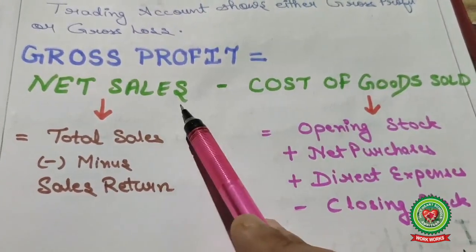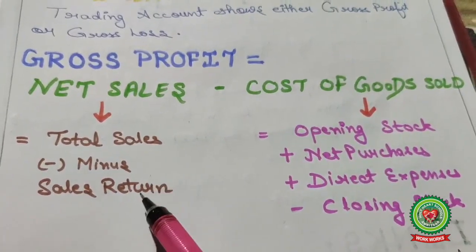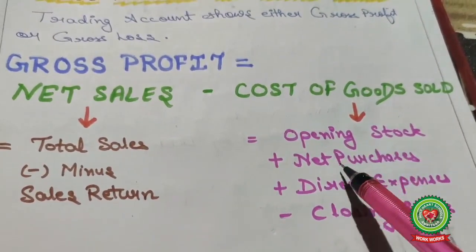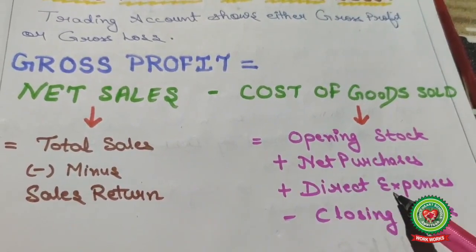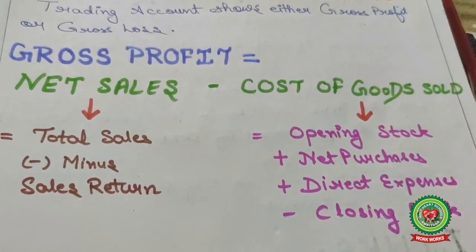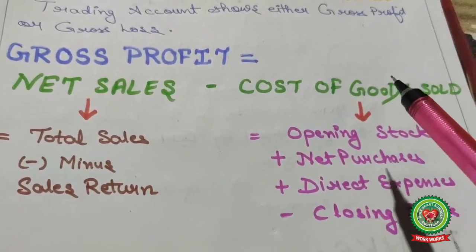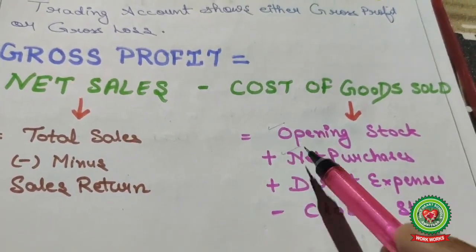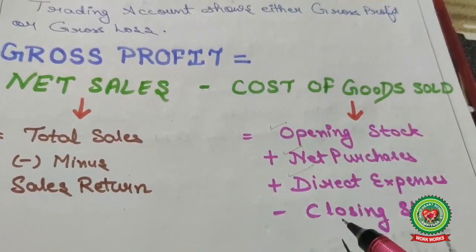Net sales is total sales minus sales return. Cost of goods sold is opening stock plus net purchases plus direct expenses minus closing stock. As I explained earlier, first add opening stock, add net purchases, add all the direct expenses, then deduct closing stock.